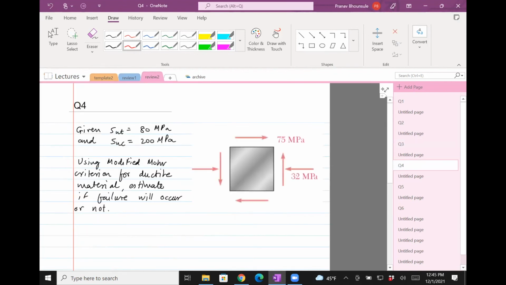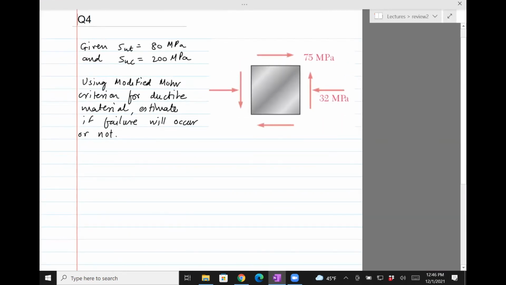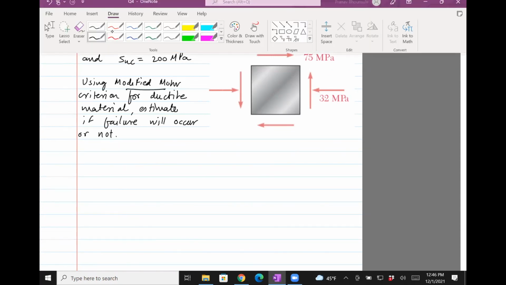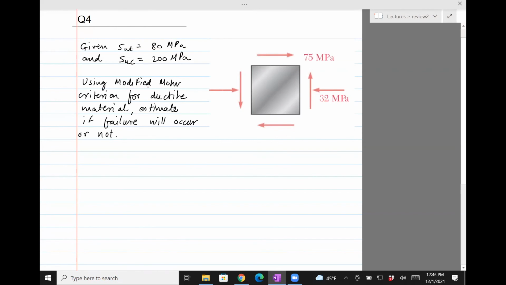Okay, so here's a similar problem, but this one is on a different theory. Given SUT and SUC, using the modified Mohr criterion for ductile materials, estimate if failure will occur or not. So this one is asking, will failure occur or not? Okay, so when will failure occur? Well, it will occur when the factor of safety is less than 1. That's one way.